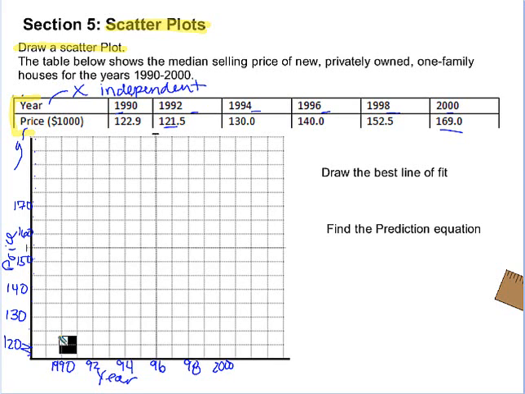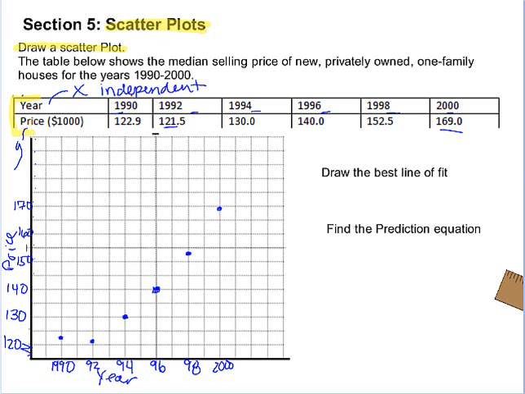In 1992, 121.5, once again, just doing our best job to approximate where it is, about there. 1994, 130. 1996, 140. 1998, 152.5. Right about there. And in 2000, 169. So right about there. So there we drew the scatter plot. And that should be something you're all fairly familiar with.